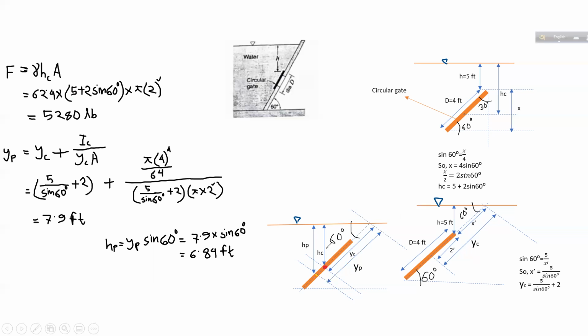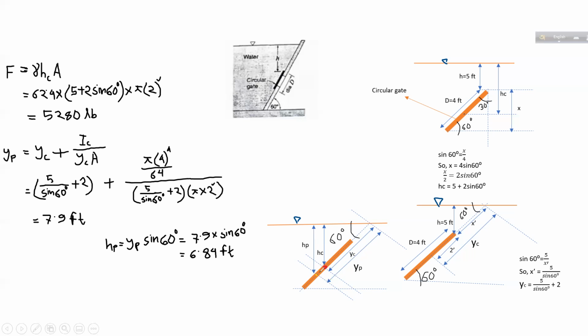And what is HP? HP is basically the vertical distance from the water surface to the center of pressure of the circular gate, and it is represented here. And as I said earlier, HC represents the distance from the water surface to the center of gravity of the circular gate, which is represented here.